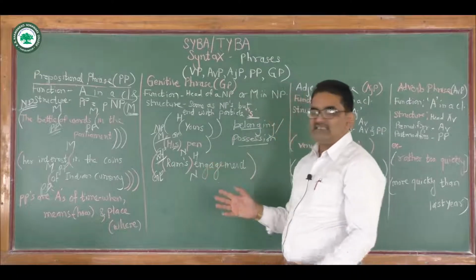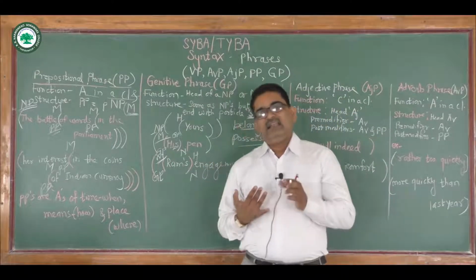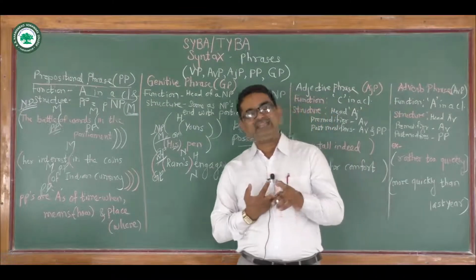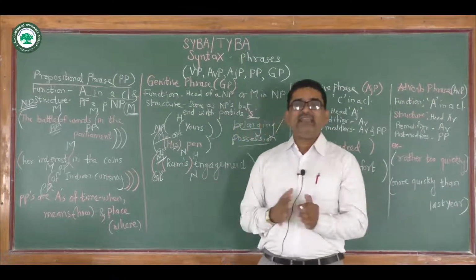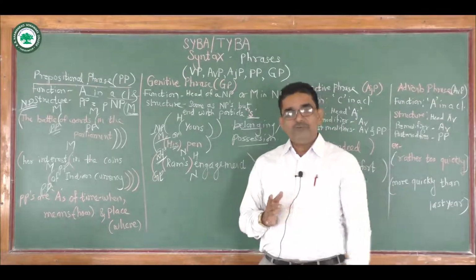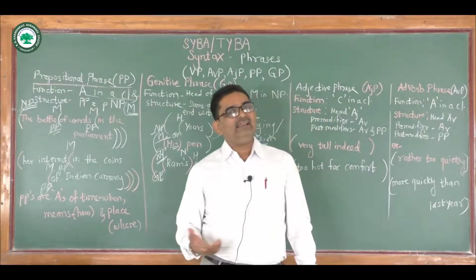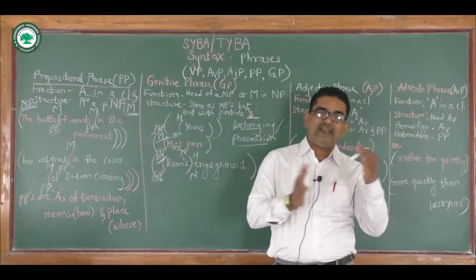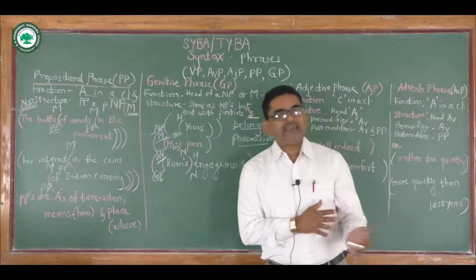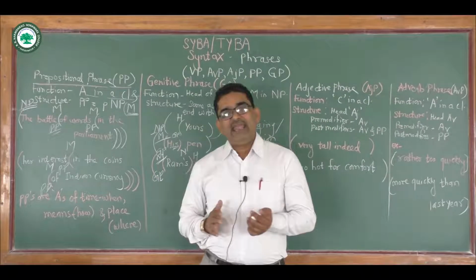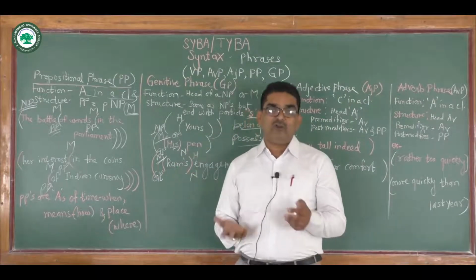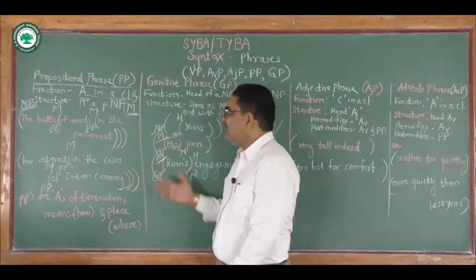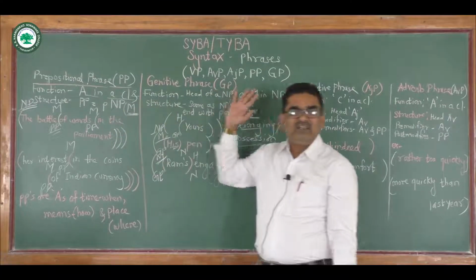So I would say these three phrases, noun phrase, prepositional phrase and genitive phrase, are interconnected. If you study the noun phrase in a detailed manner, if you know the pre-modifiers of a noun phrase, what can be the head of a noun phrase, and the post modifiers of a noun phrase, then it is not at all hard to understand the prepositional phrase and the genitive phrase.